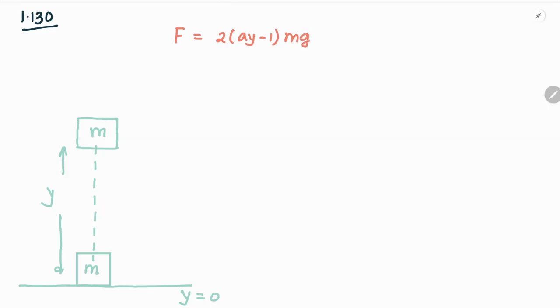The first thing that we figure out about this force is that at y equals 0, the value of this force turns out to be minus 2mg. So the question is assuming that the g value will be negative. If g is acting in the downward direction, hence the value of g will be negative, then we will write force equals 2mg in the upward direction.